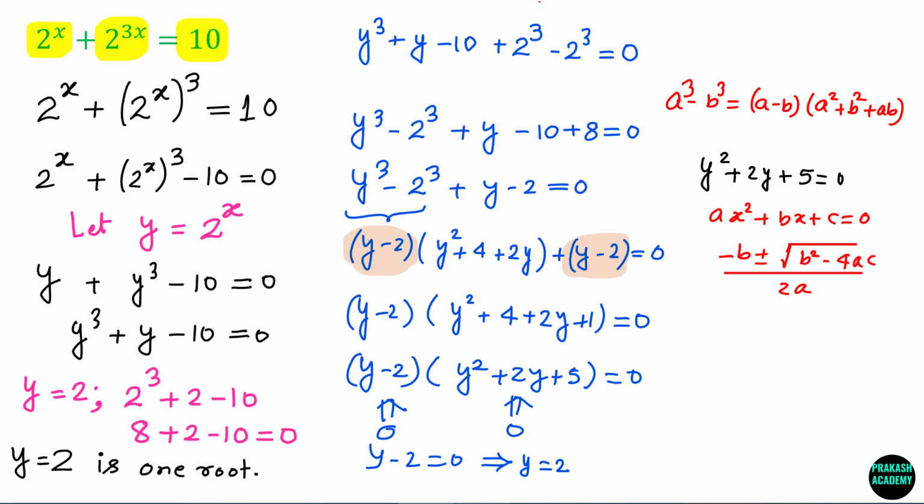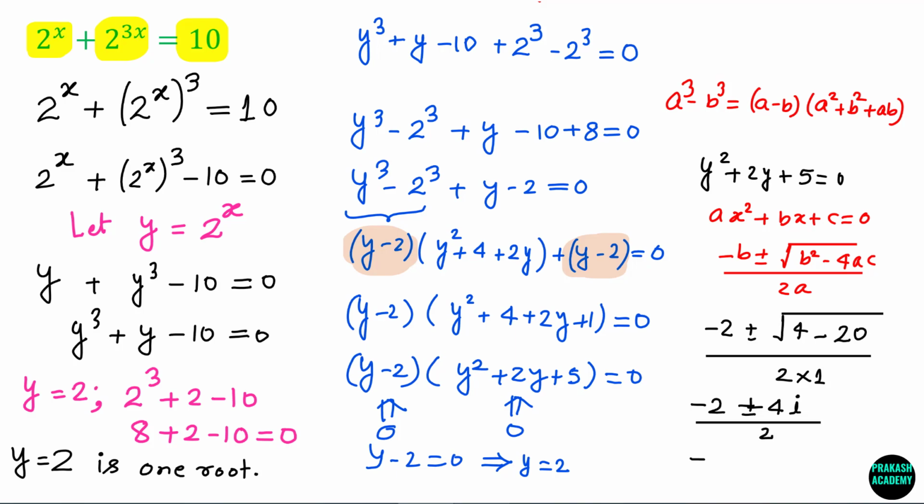So we will have minus 2 plus minus square root of 4, b square is 4, minus 4 into 5, that is 20, divided by 2 times 1. So this is minus 2 plus minus square root of minus 16, that is 4 times the square root of minus 1, and the square root of minus 1 is basically i, and this divided by 2, so minus 1 plus minus 2i.